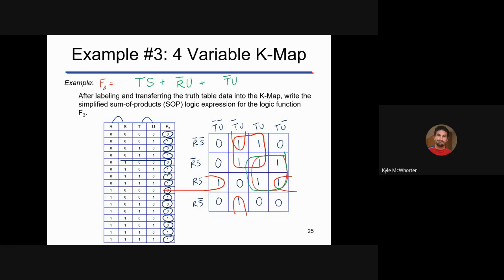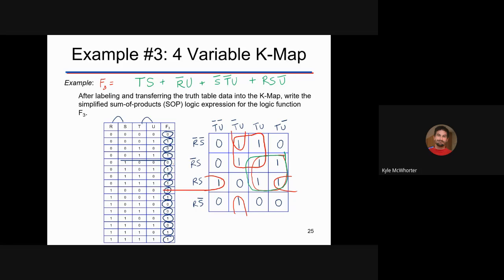We got the not R and the R will cancel out, so we just have not S. So not S. And then this pair here, it's going to have R and S. And then up here, we've got not T, not U, and T, not U. The not T and T will cancel, the not U will stay. So that is our simplified logic expression.